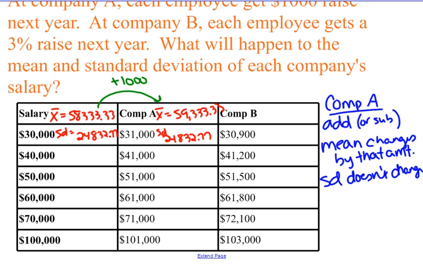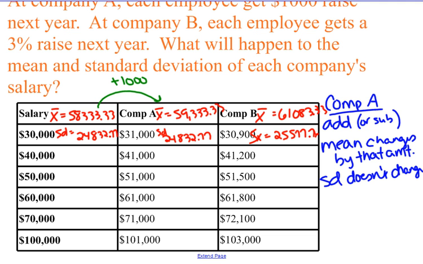Let's see how the mean and standard deviation are affected by multiplying by the same amount. So when I multiplied, which is what company B is, I got a mean of 61,083.33. And then when I found my standard deviation, I got 25,577.76.